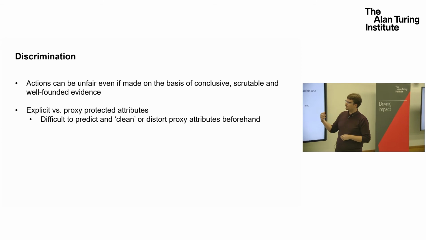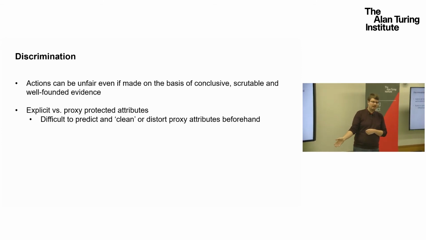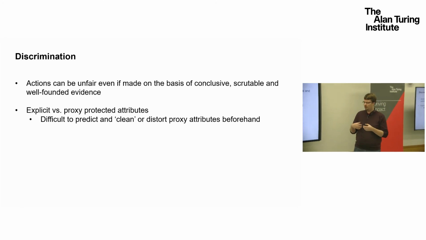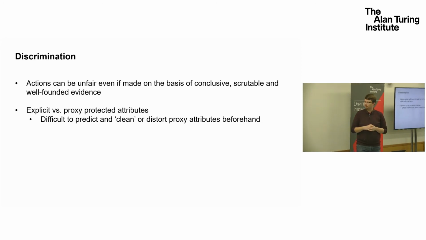And it's very difficult to predict and clean or appropriately distort these proxy attributes before a decision is made. In other words, quite often you only know that a feature correlates with race after the fact. Once you look at all the decisions made by the system, as it turns out, there was disparate impact that resulted.